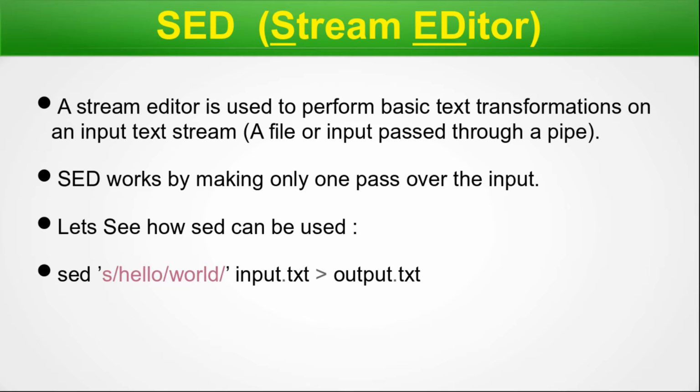And then comes the text stream, that is input.txt, and if we do not use the redirection operator, this will just show the output on the screen, and no changes will be made inside input.txt, okay. So although it operates on a text stream, it does not actually touch the text stream, okay.